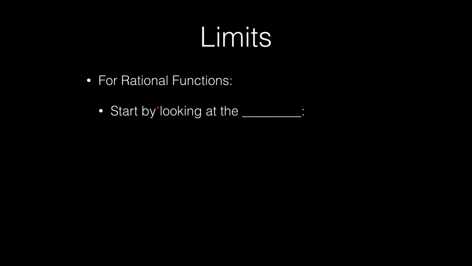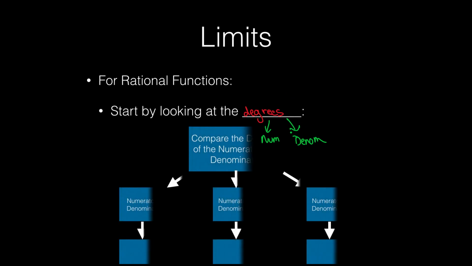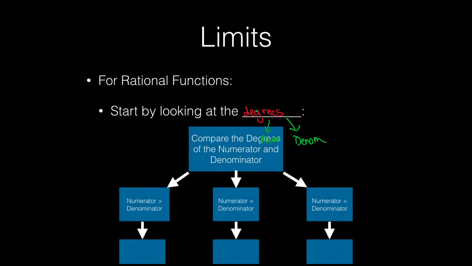For rational functions, you always start by looking at the degrees, and specifically the degrees of both the numerator and the denominator. Here is what happens.